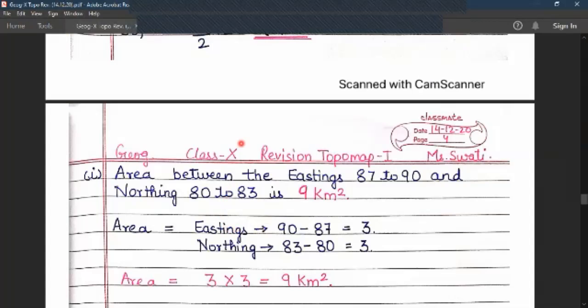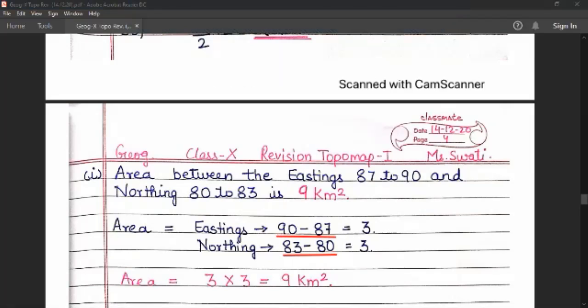First of all, mention the easting values. These are from 90 to 87. And then the northing values. That is 83 to 80. We are going to find the area.